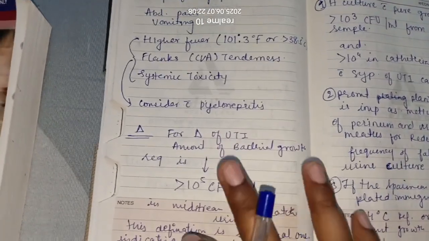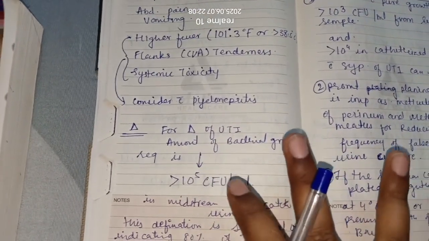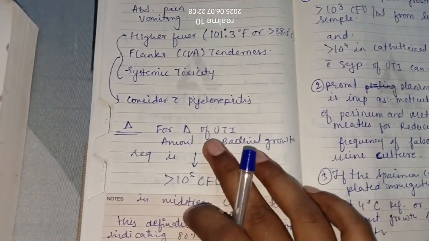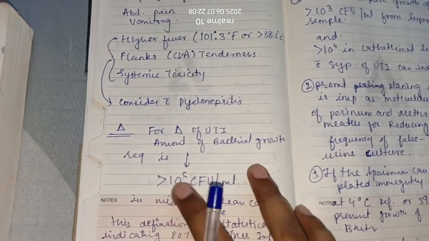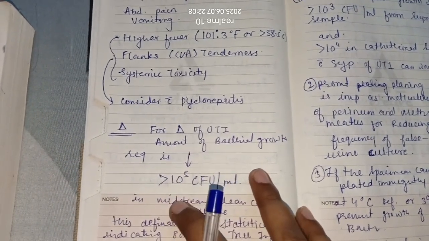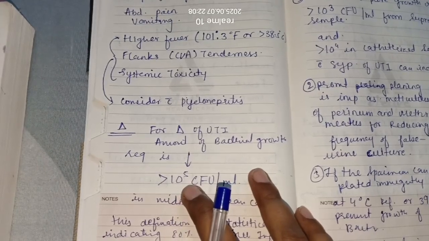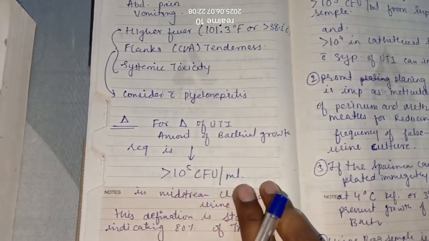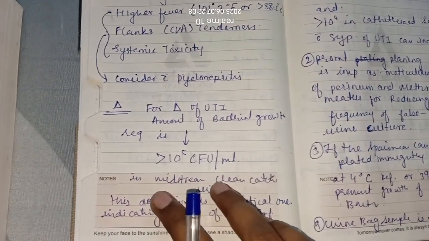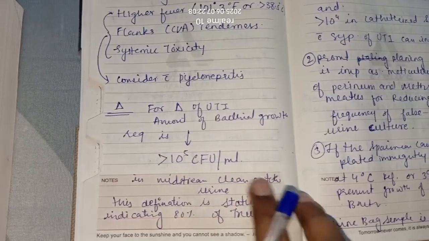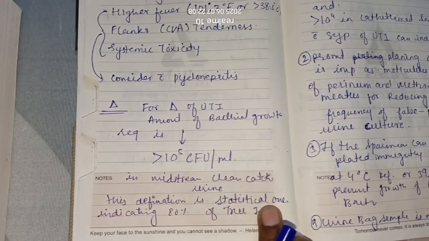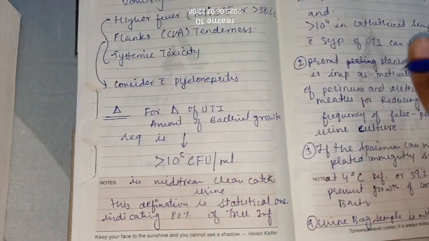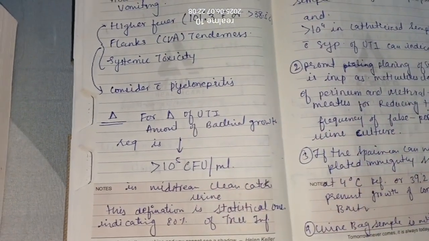Then how can we get the diagnosis? For the diagnosis of UTI, the amount of bacterial growth required is more than 10^5 CFU per ml in a midstream clean catch urine. This definition is a statistical one and indicates 80% chance of true infection.